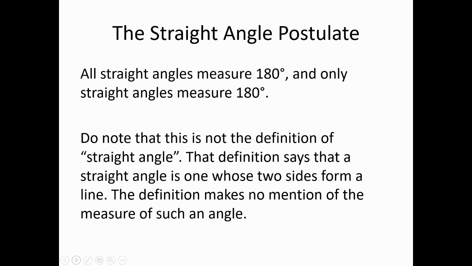And the second part, the part that says only straight angles measure 180 degrees, that means that if we have an angle that initially we don't know it's straight, we're not told it's straight, but we do know that it measures 180 degrees, then we may say that that angle is straight. So another way to put this is that if an angle is straight, then it measures 180. That's the first part. And then the second part is if an angle measures 180 degrees, then it's straight. That is, it goes both ways.